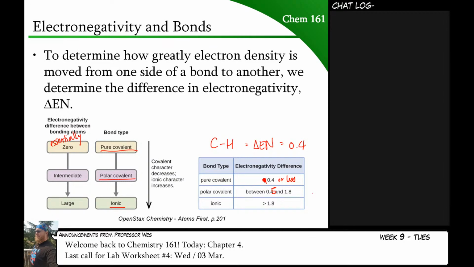Another thing that we're going to consider is whether there is a metal present or not. And for this class, if a metal is present, we're going to treat the bond as ionic. Although you do get some very weird and interesting chemistry when you put transition metals together with elements that aren't super electronegative.